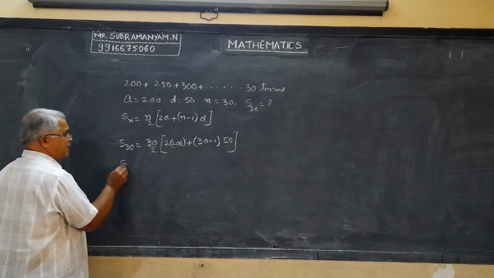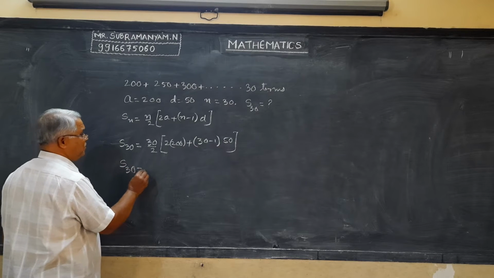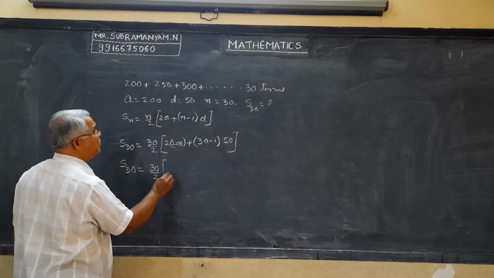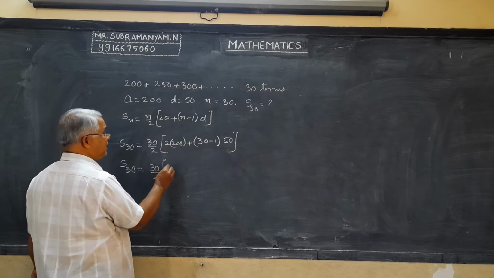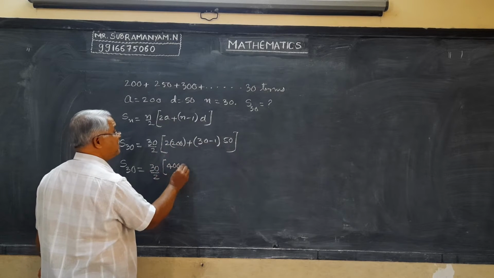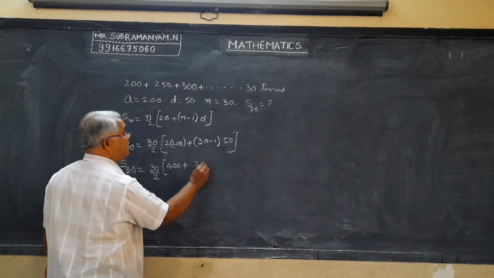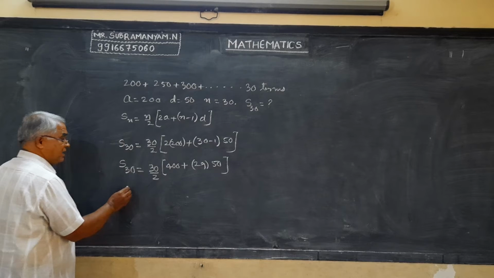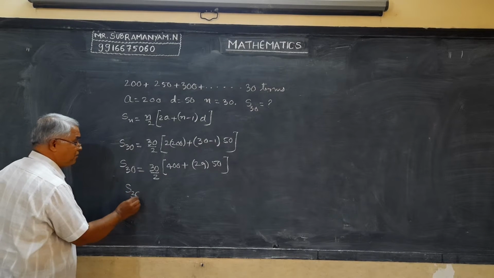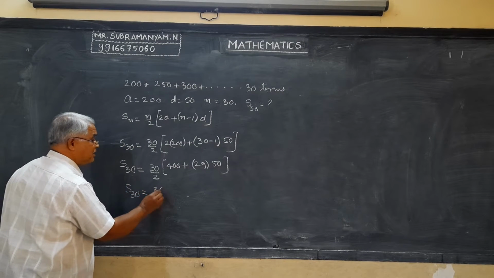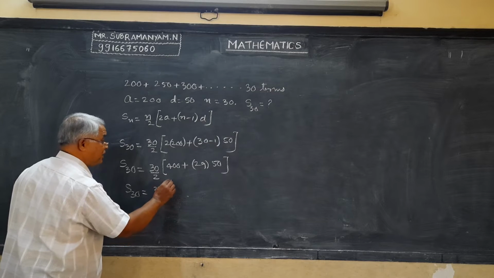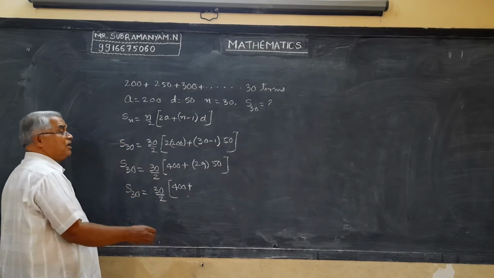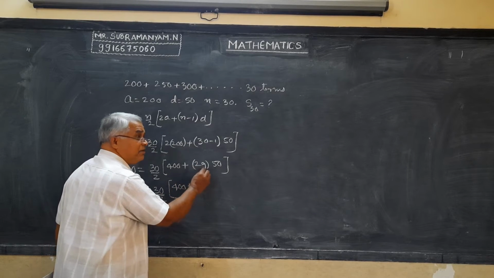So, S30 equal to 30 by 2 into 2 into 200, this is 400, plus 29 multiplied by 50.